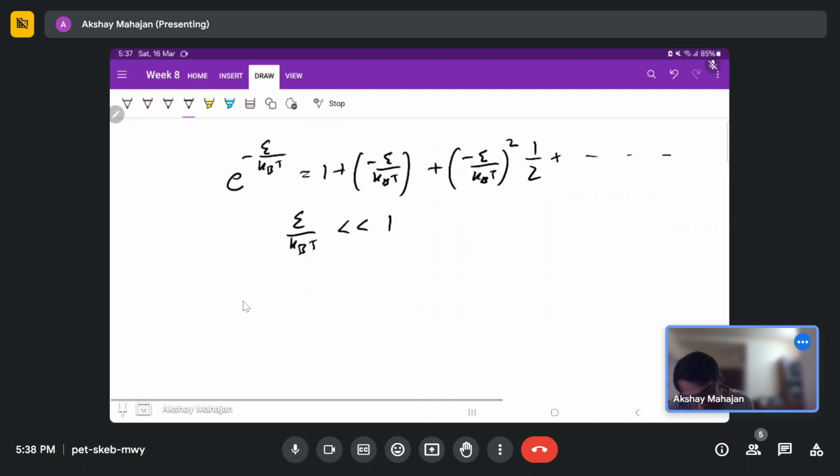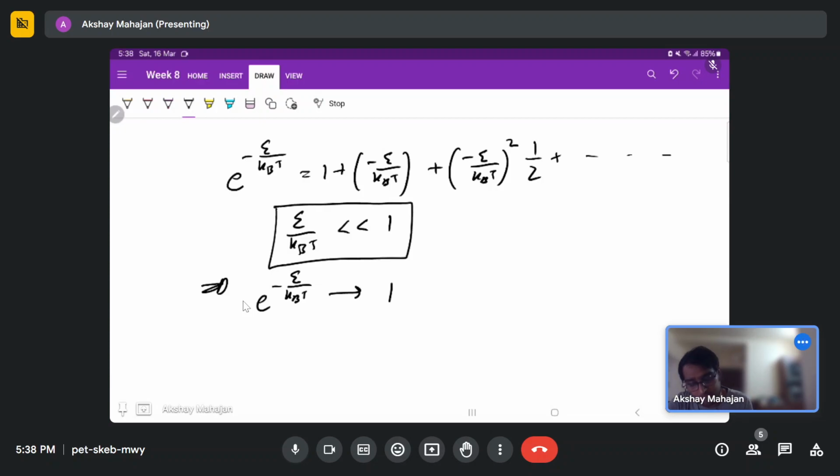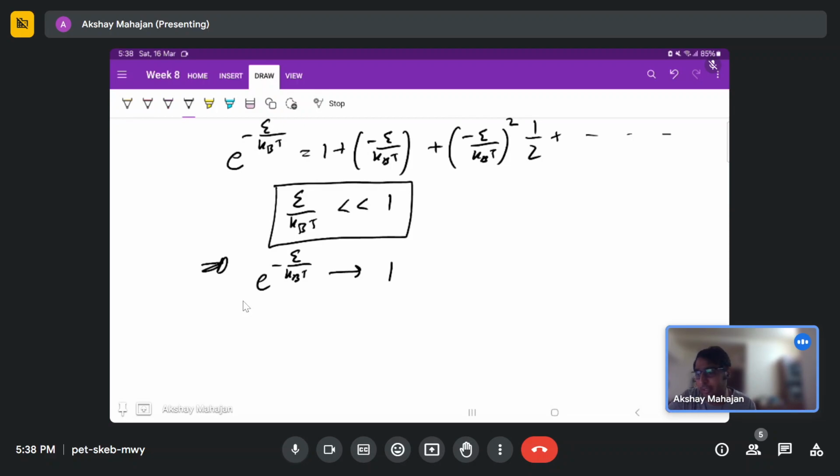So that's why e to the power minus epsilon by k_B T can tend towards 1. If you do this expansion, all these epsilon by k_B T terms are very small, so we can ignore all of them and take e to the power minus epsilon by k_B T as tending towards 1.